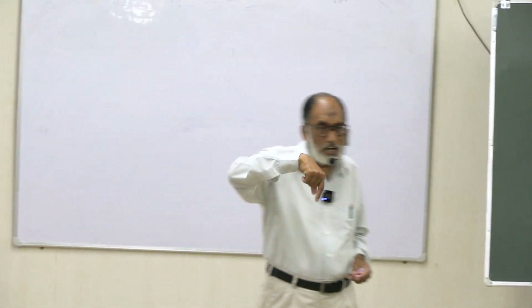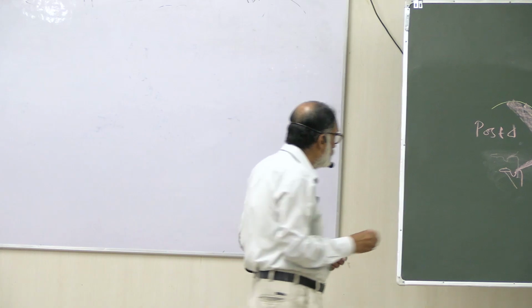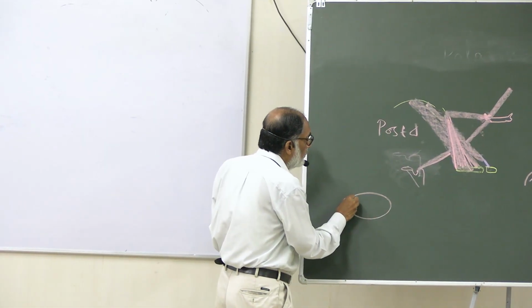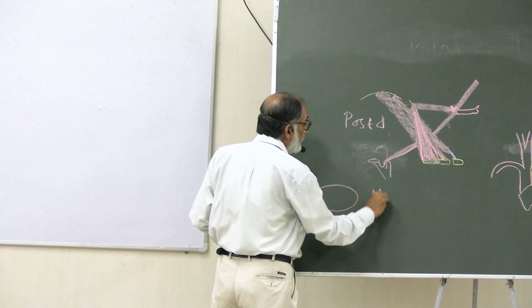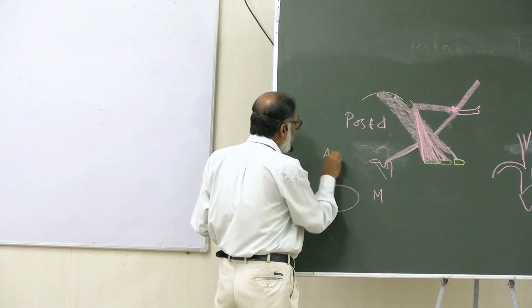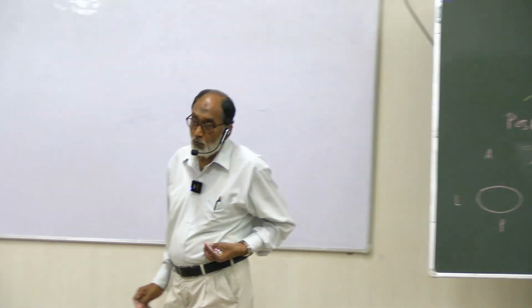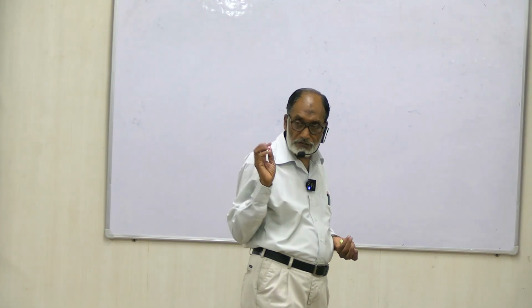So within this carotid sheath, what structures lie? Suppose this is the carotid sheath. This is the lateral aspect, this is the medial aspect, this is the anterior aspect, this is the posterior aspect. Within it, three structures lie.